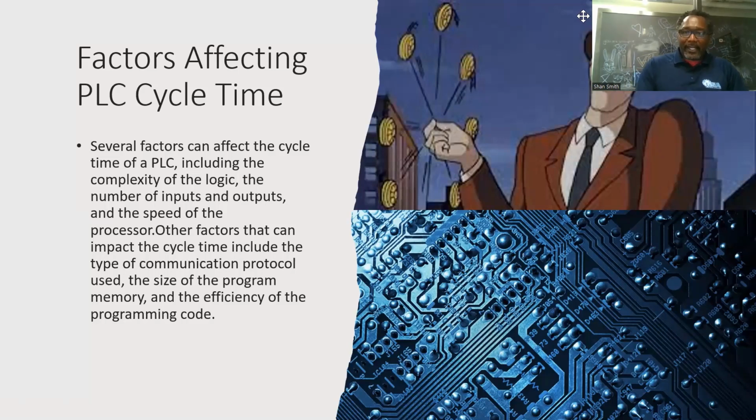And can you add additional memory to that controller? How you write your code matters. Other factors include all your communication protocols, how much communication you have, the size of the program, and the efficiency of your code. All are factors that affect your cycle time. This is the reason a lot of people like text-based logic versus graphical-based logic, because all those graphics consume and eat up a lot of memory in your cycle time.